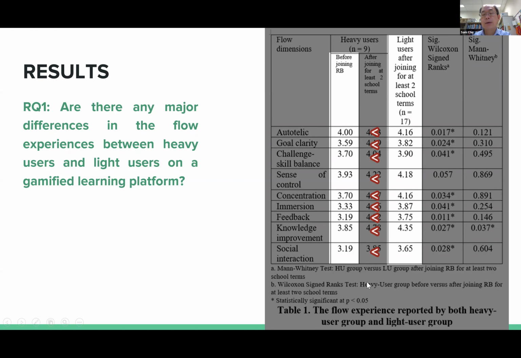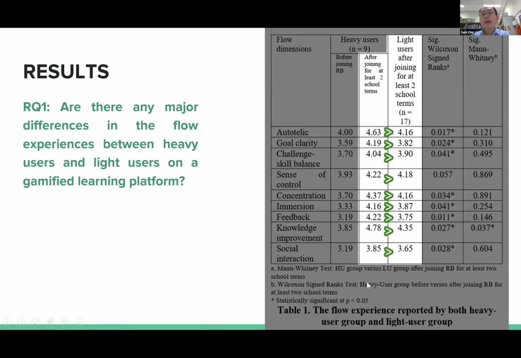But after using Reading Battle for 2 terms, the heavy users feel that they are now at a higher level of flow. In fact, they are now higher in all 9 elements of flow when compared to the light users of Reading Battle.